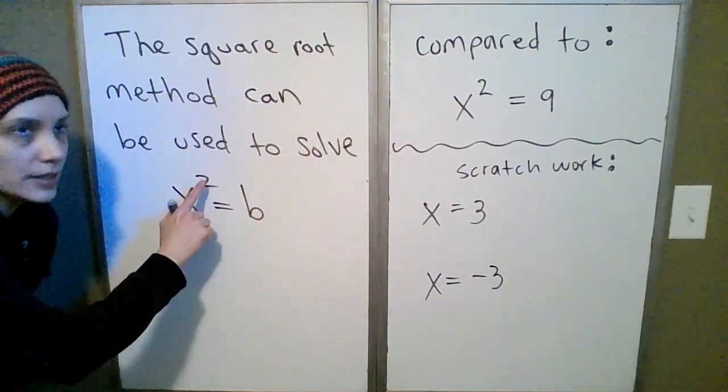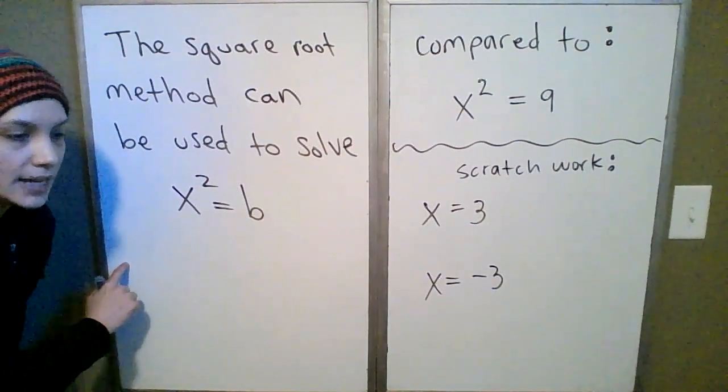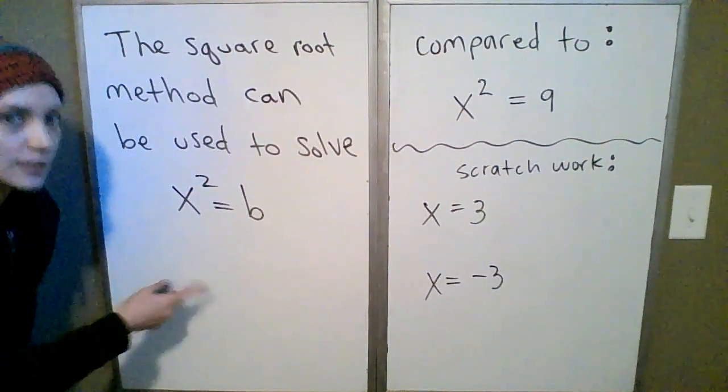That variable is squared. So we can square root both sides and get a negative answer and a positive answer.